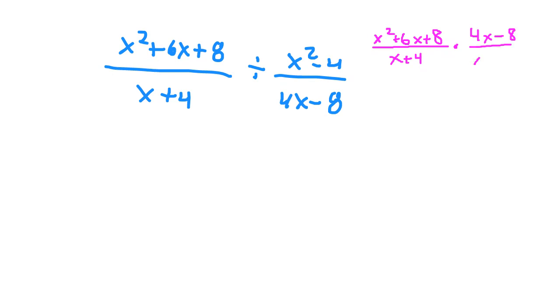Okay, first step, awesome. Flipped it over. That's exactly where you want to start, is rewrite it as a multiplication problem. Very nice first step. Next, she is factoring every term up there. The x squared minus 4 factors to x plus 2 times x minus 2. You can factor the x squared plus 6x plus 8 and the 4x minus 8.